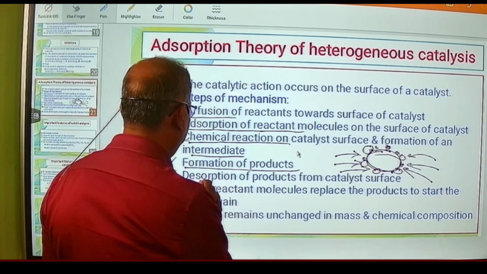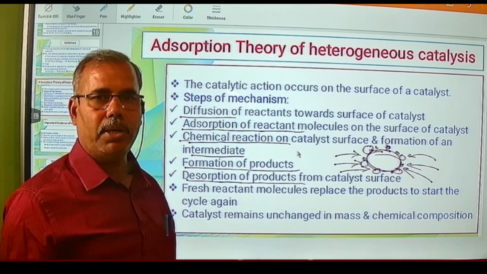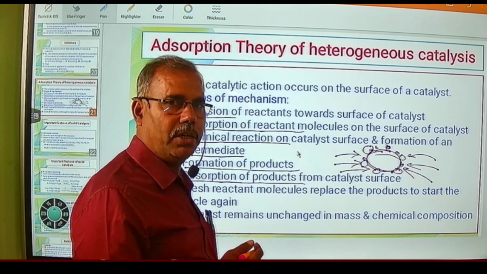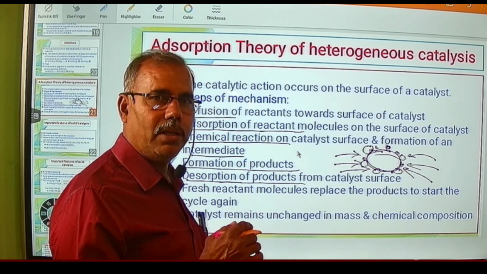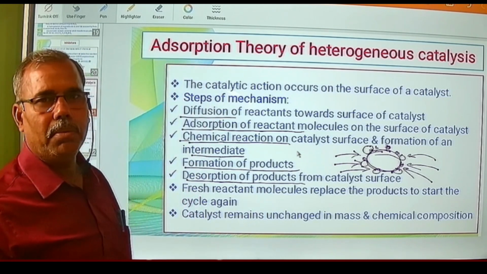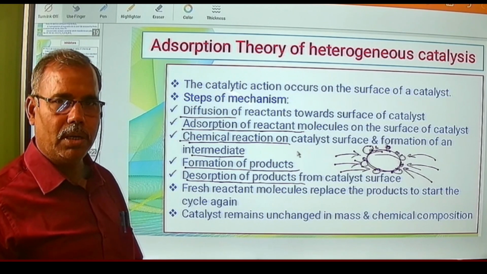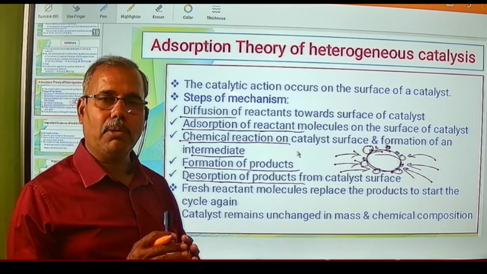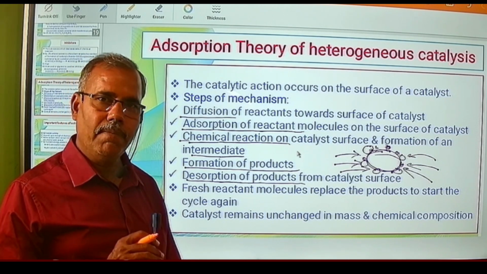Then the next step: desorption of products from the catalyst surface. Now desorption, we have studied this term. Desorption means the molecules or particles of the adsorbate which are adsorbed on the surface of the adsorbent leave the surface.